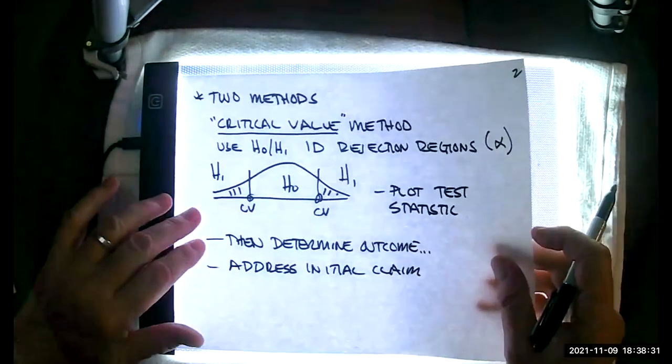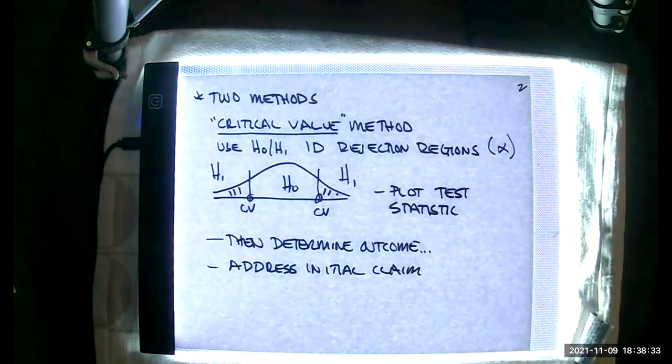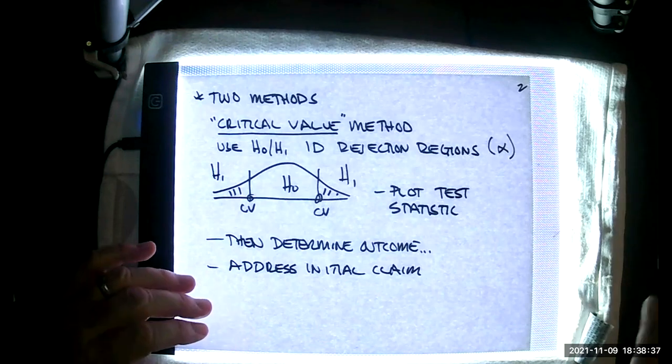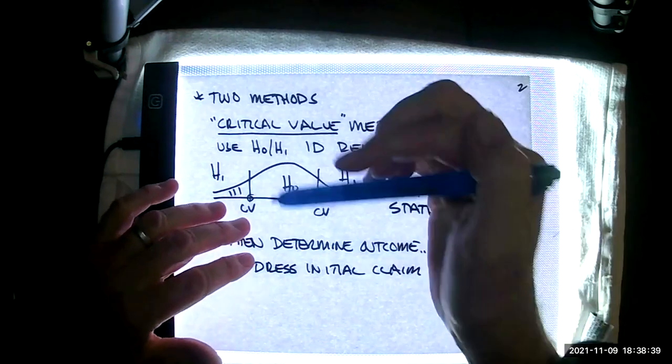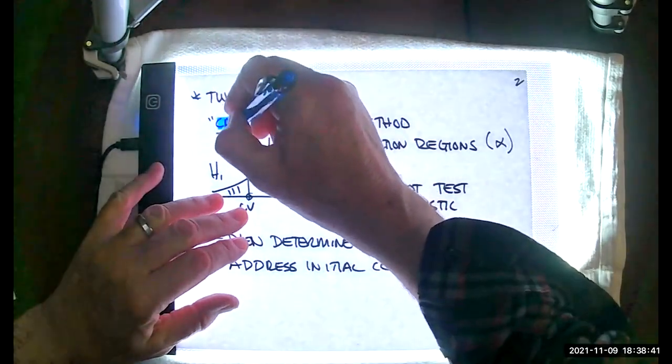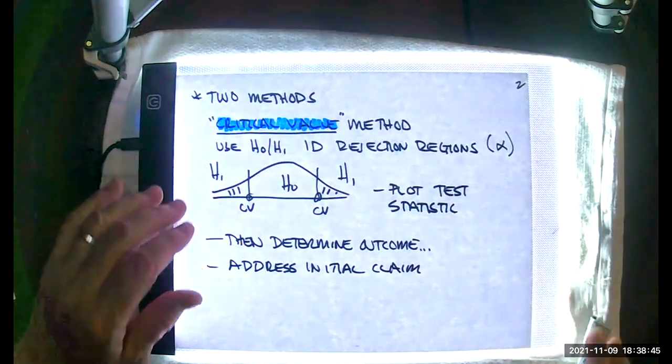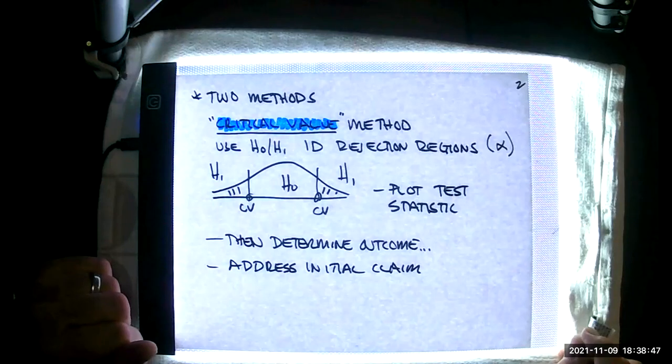Now, there are two methods of going about conducting this test of hypothesis. The first method is called the critical value method. And I always start with this because it's very, very, very visual. And I've already mentioned it once or twice.